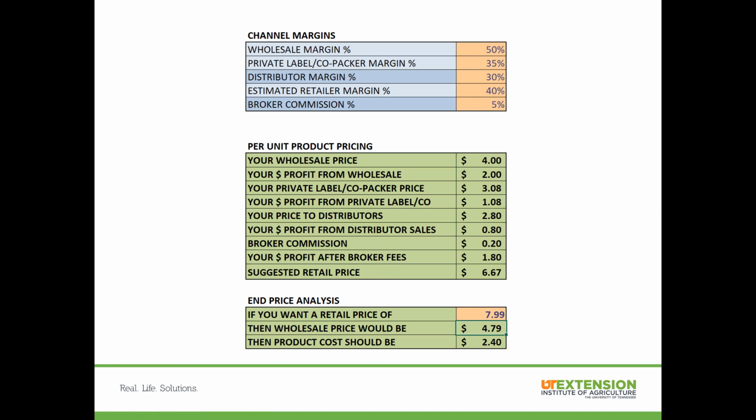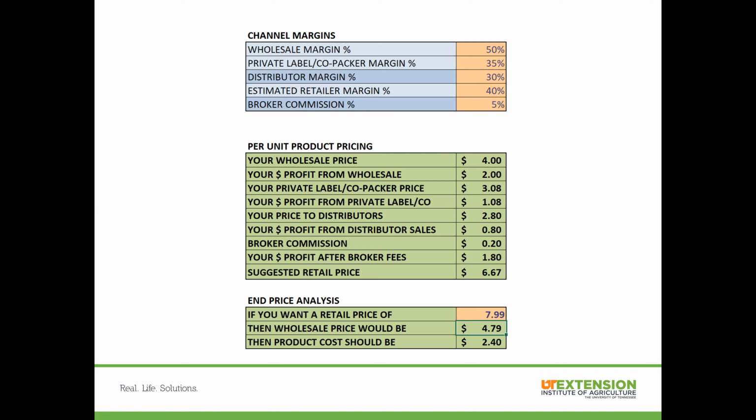In this case, we said we'd settle for a 50% wholesale margin. So 50% of whatever price we charge to the wholesaler, in this case, it would be $4, because 50% of that $4 is going to be our margin or our profit.